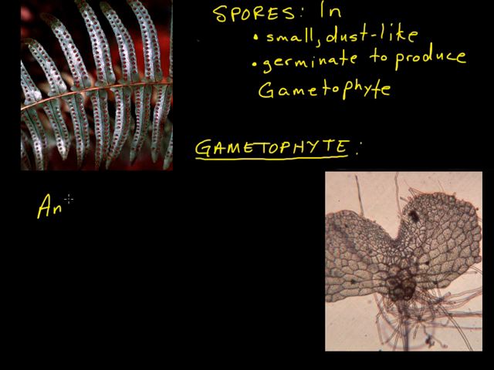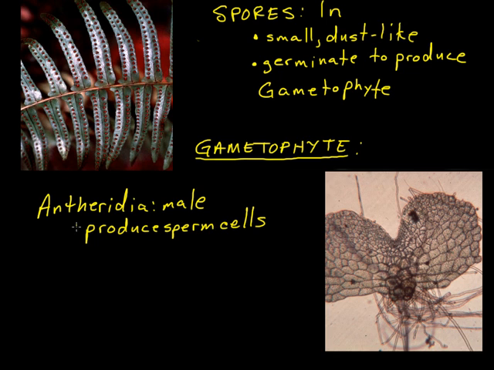And the male ones are called antheridia. This should be easy enough to remember because we call the male parts of a flower anthers. And they produce sperm cells. These sperm cells are flagellate, meaning they have tails, and they swim away.